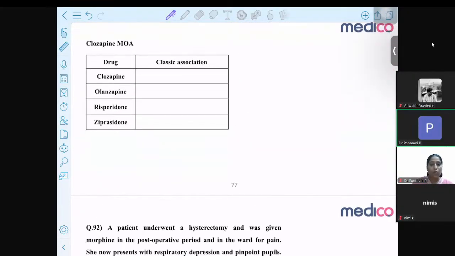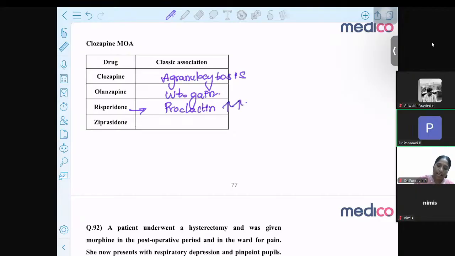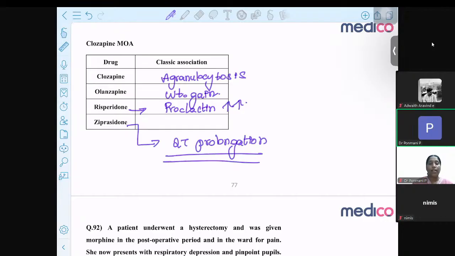The classic association question they usually ask is, clozapine is known to cause agranulocytosis. Olanzapine is weight gain. And risperidone increases the prolactin levels in the body. And ziprasidone, can you remember? We saw this drug under the drugs which increase the QT interval. It causes QT prolongation. So these are the most classic associations with atypical antipsychotics.